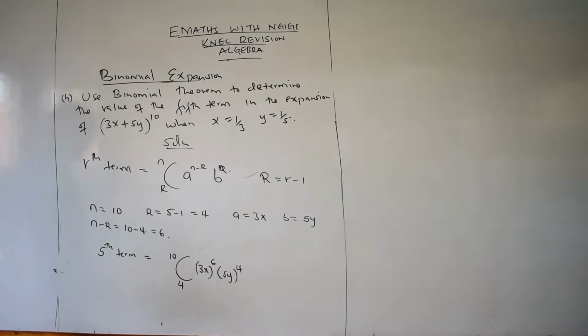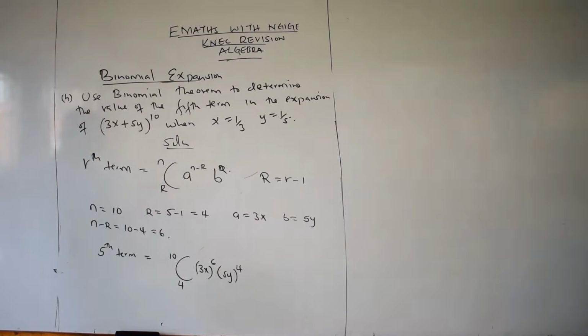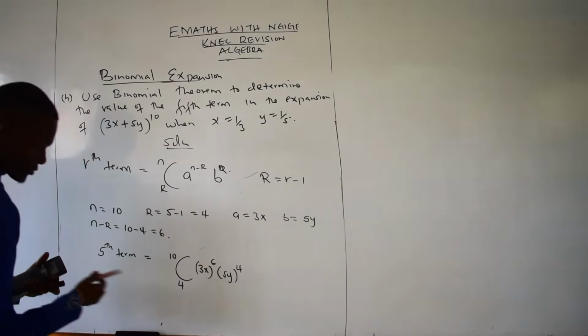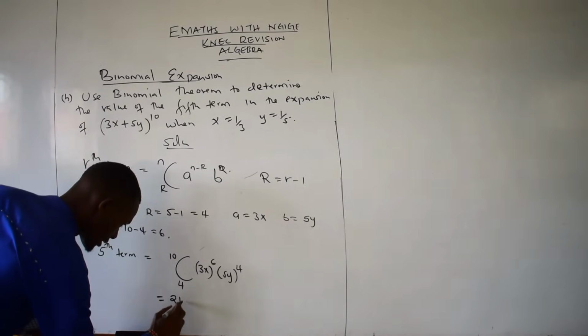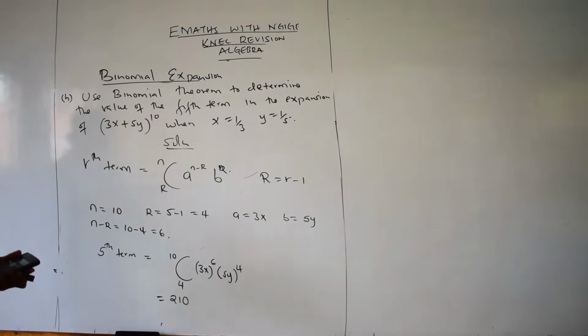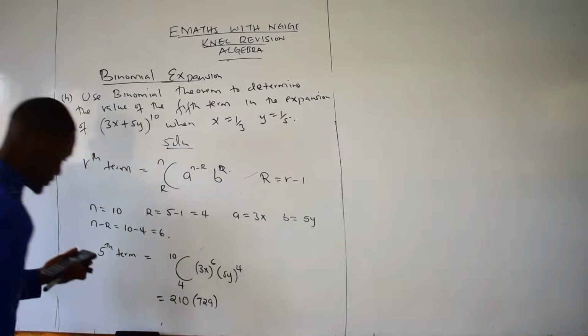So expanding that, 10 combination 4 gives you 210. We write our values. So we have 210. Then 3 raised to power 6 gives you 729.